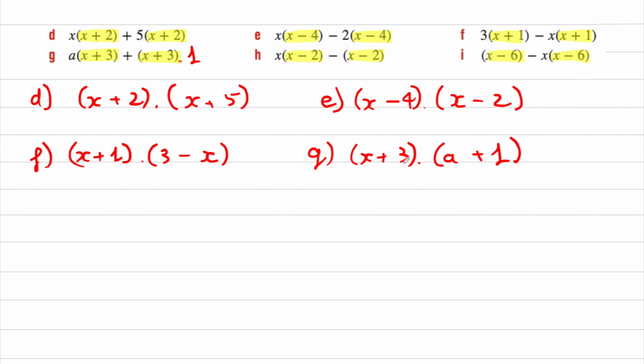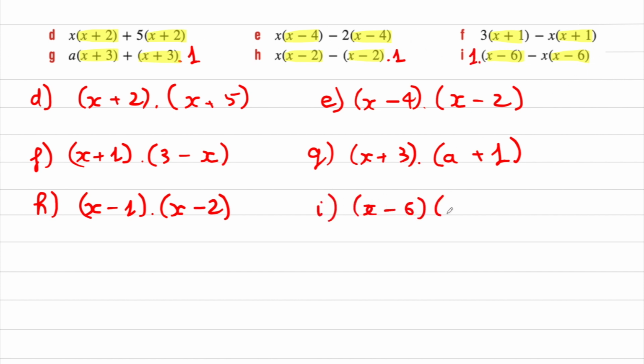And here question H, you got h minus 1 and then h minus 2. Imagine this one multiplied by 1. And the same idea with I here. Take h minus 6 outside, you got 1 minus h by this.